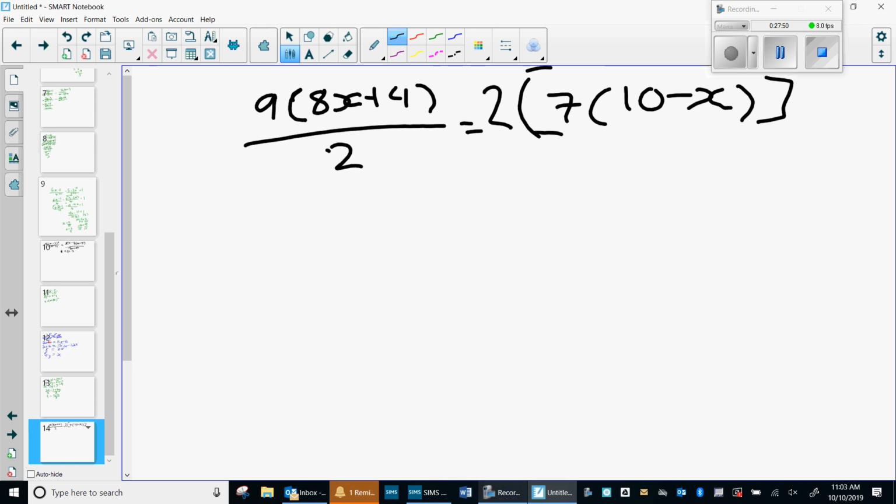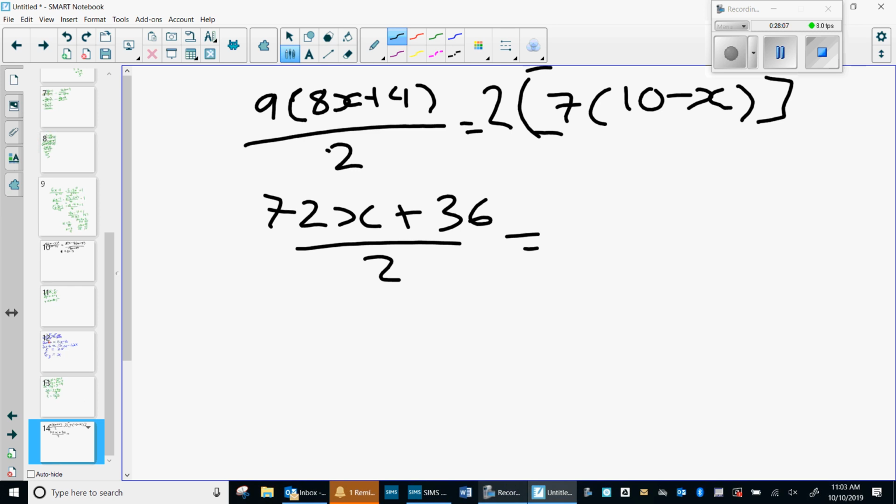Let's just expand this before we go any further, and let's expand that too. So 72x plus 36, over 2 equals 70 minus 7x in brackets, times 2. So let's expand this.